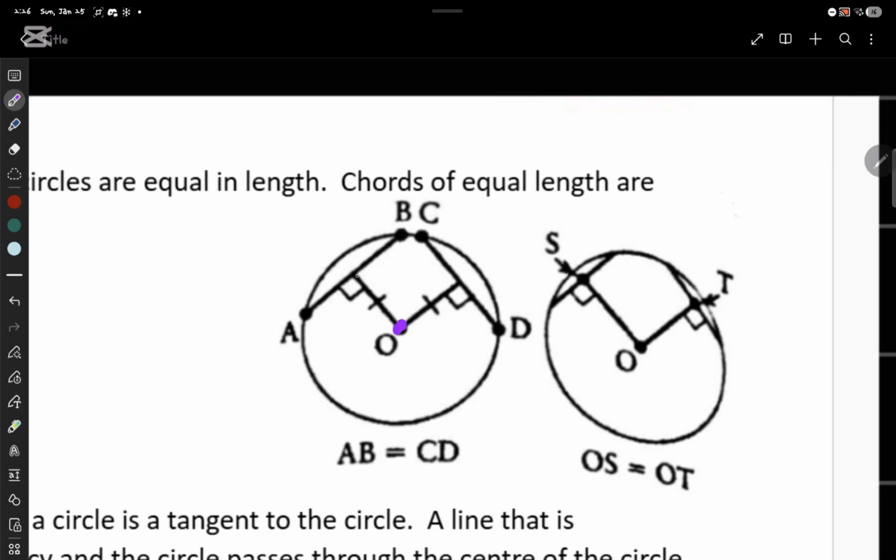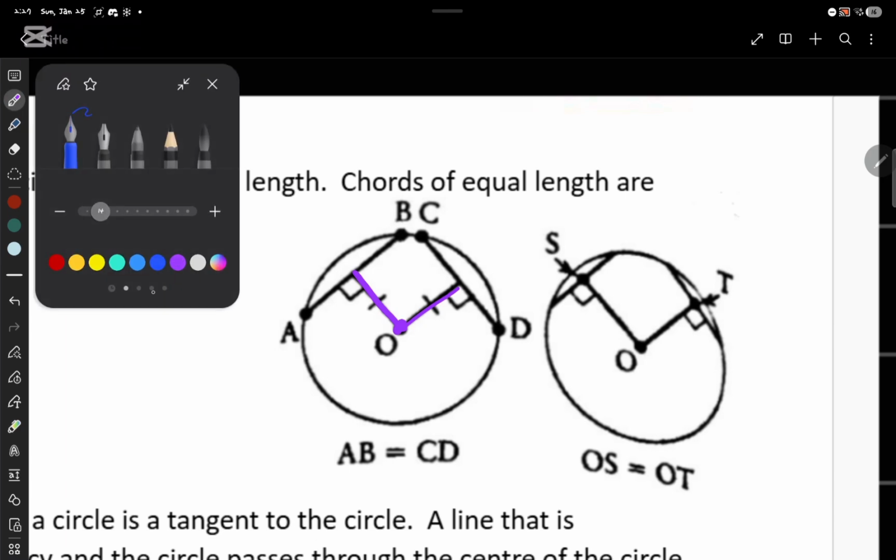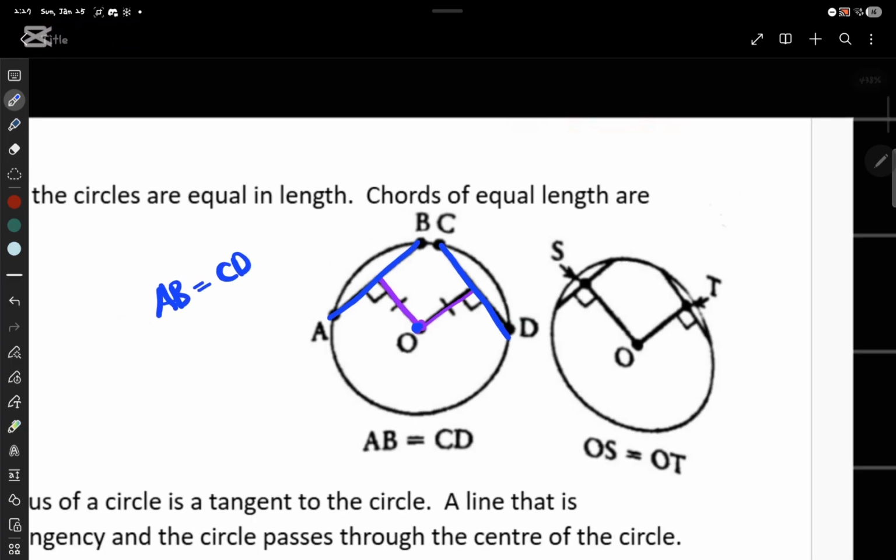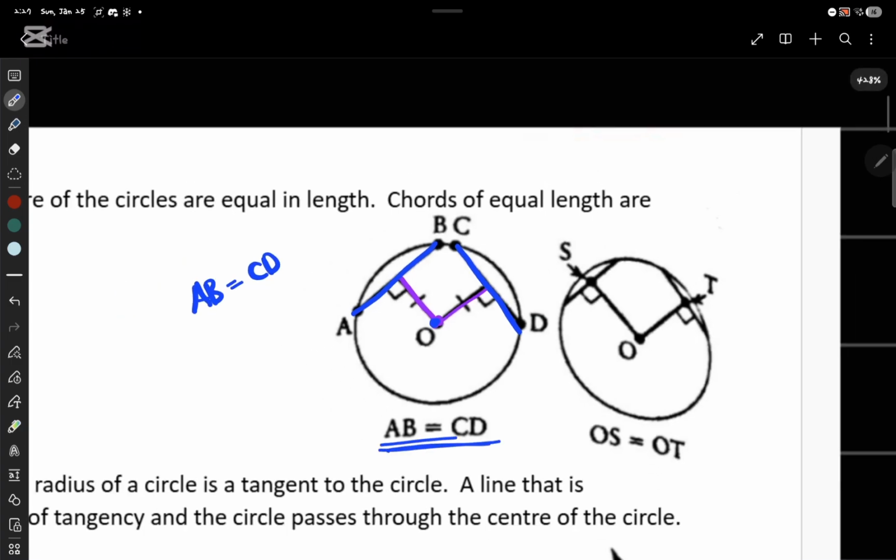If the distance from the center of the circle to each of these chords, let's say chord CD and chord AB, is the same, that means the lengths of these chords are the same. So AB equals CD. Okay, I wrote that there.